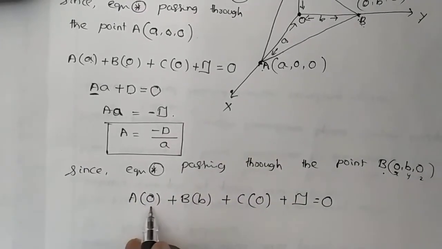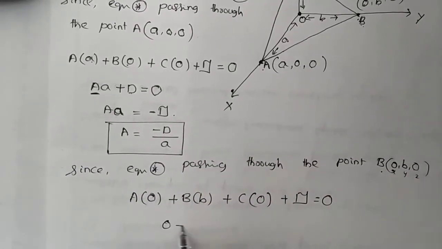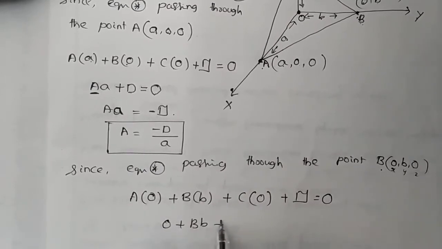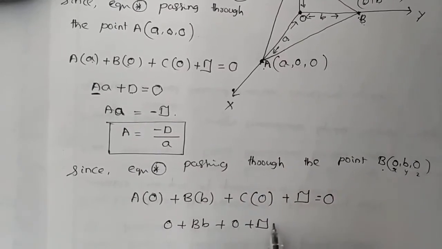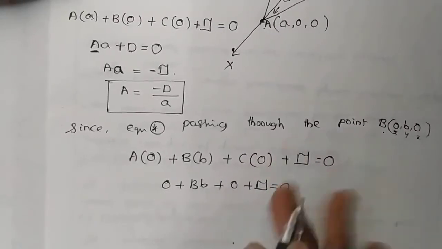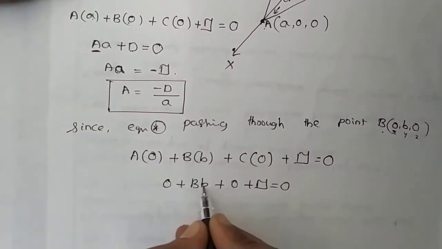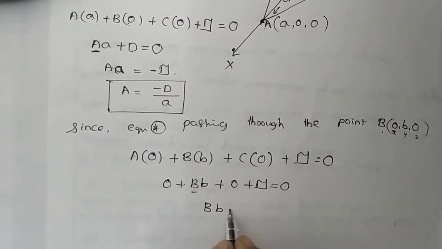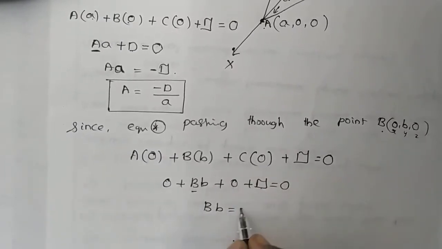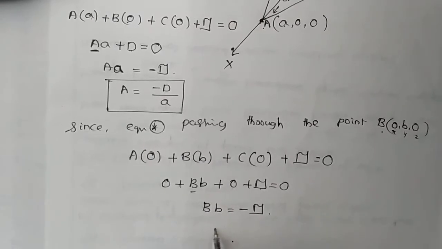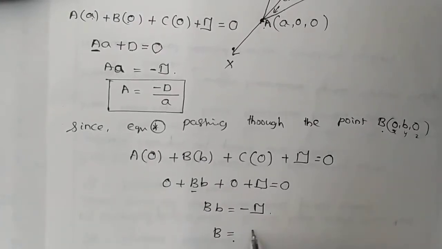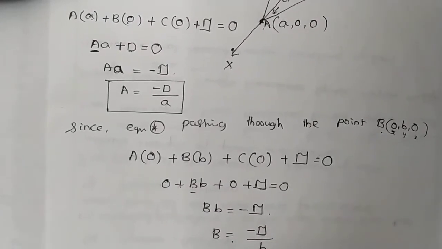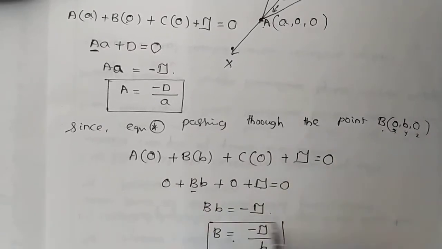A into 0 is 0, b into b is b, plus 0 plus d equals to 0. Similarly, in this equation also you find capital letter B equals, send this plus d to the right, that will be minus d. B equals minus d divided by b, hence it is B.